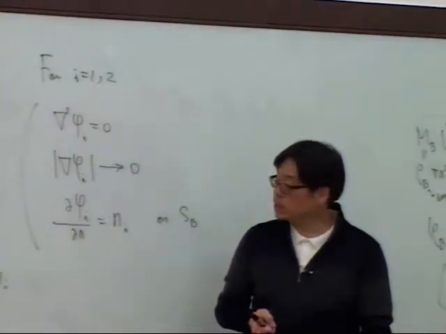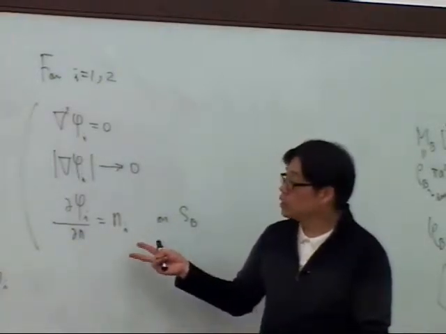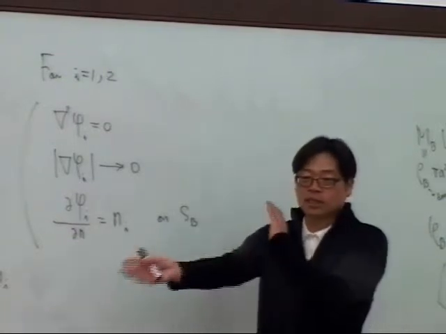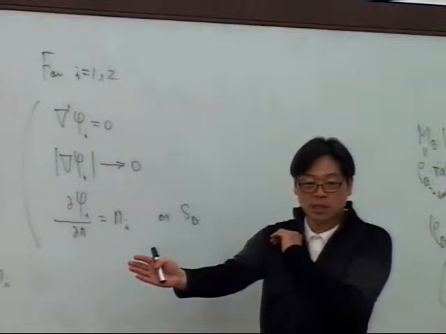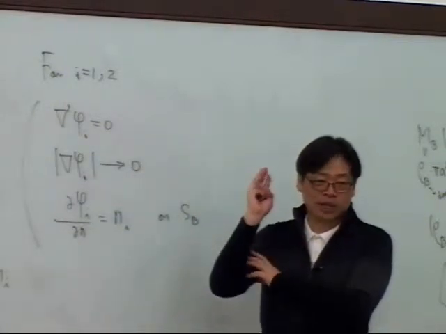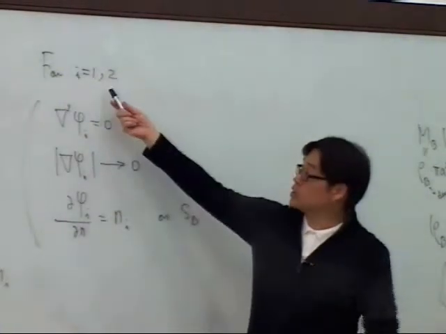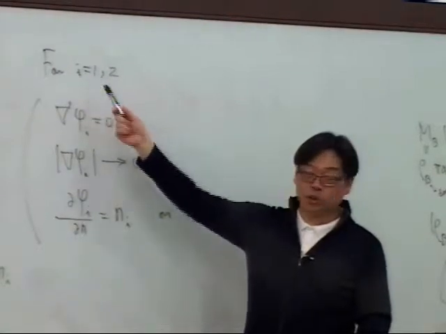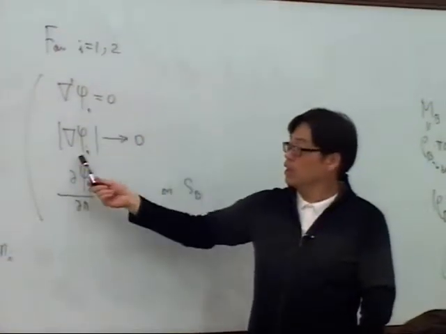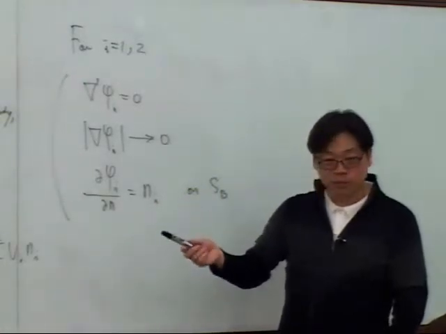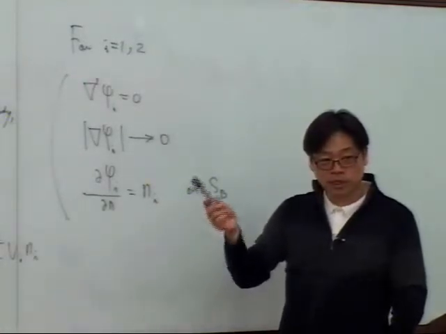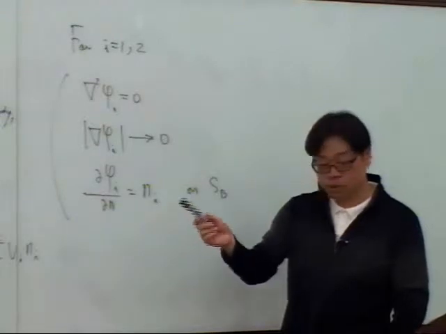The second thing is, this time I split the translational motion in the x direction and the translational motion in the y direction. So for i equal to 1, you are solving translational motion in the x direction, a circular cylinder in translational motion in the x direction.